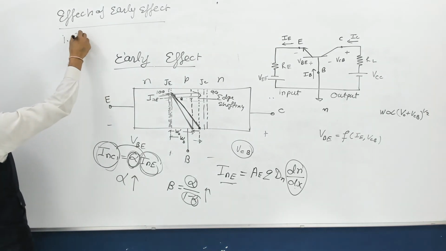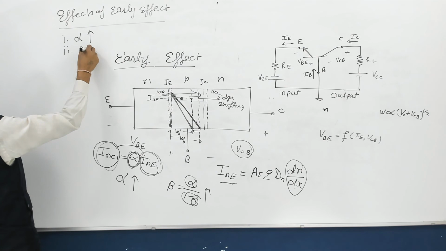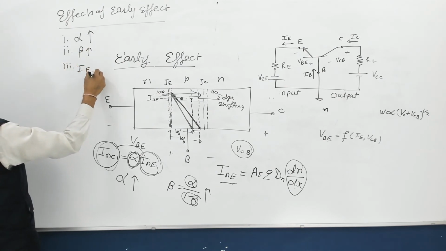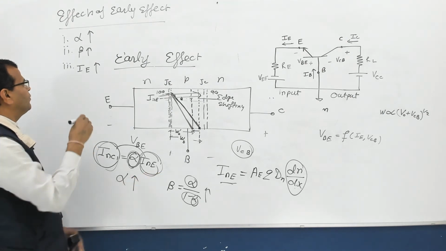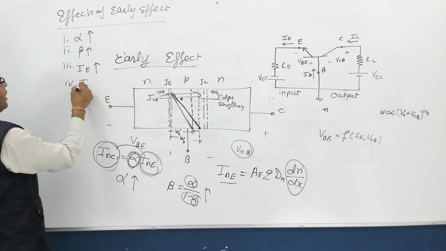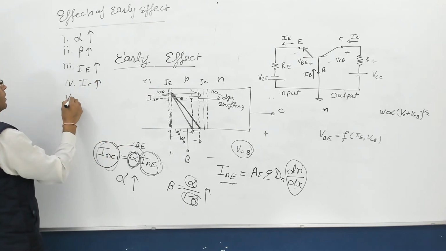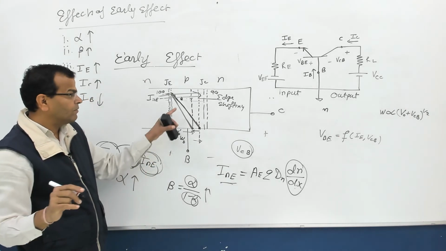The first was what? Alpha is increasing. Second, beta is increasing. Third, your I_E is increasing. Why I_E? Because I_N is increasing. That is one component of the emitter current. Fourth, I_C is increasing. Fine. Then what has happened? Your base current is decreasing. Why is it decreasing? Please see.